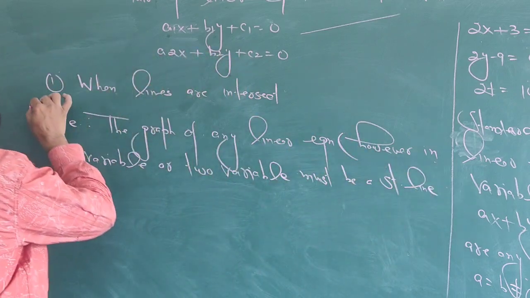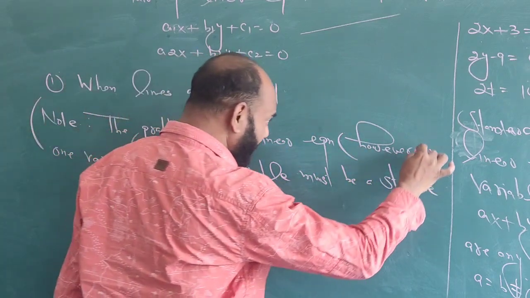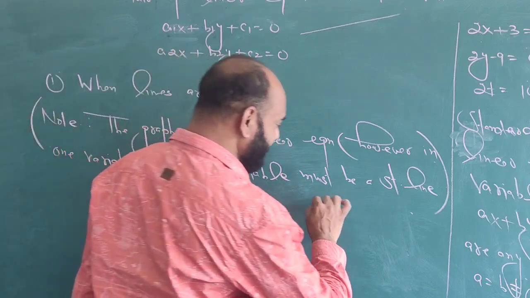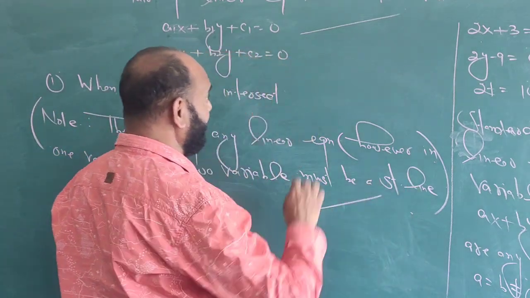So we can say that the graph of any linear equation is always a straight line, and it is of this type. This is a straight line.